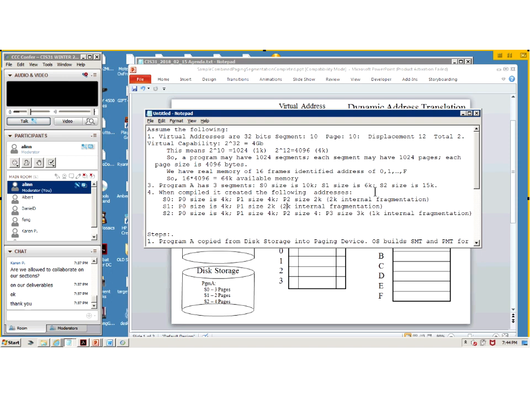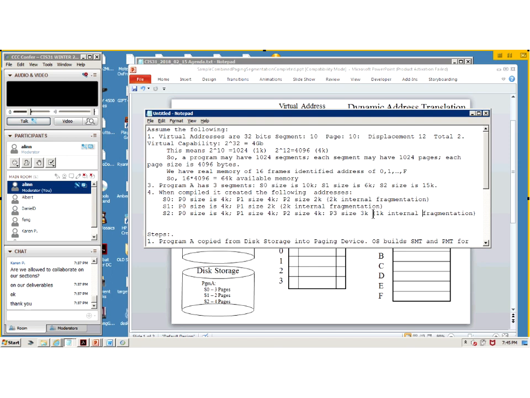And finally, it's going to do the next segment, which is 15K. So it goes back to P0, and then it starts in displacement 0 all the way to 4K. Then P1 starts at 0 again, goes to 4K. P2 starts at 0 and goes to 4K. Then P3 starts at 0 for the displacement again, and goes to 3K.